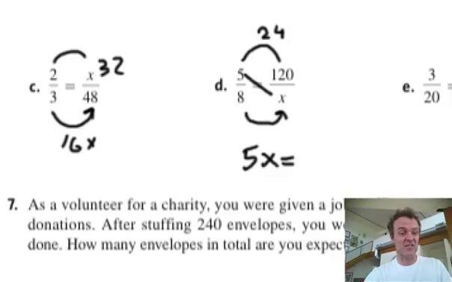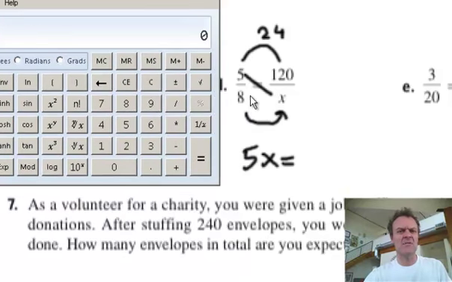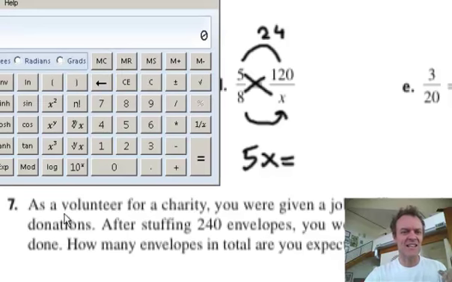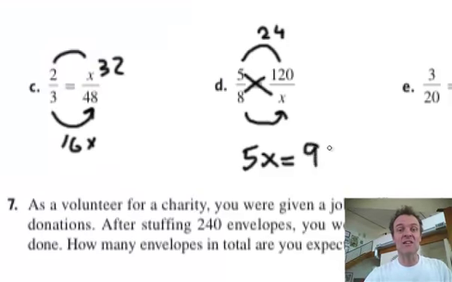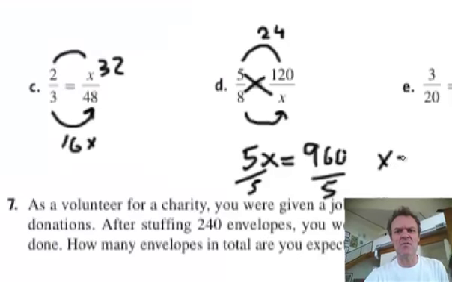Calculator. 8 times 120 equals 960. So then if I divide 960 by 5, it comes out to be 192. X must be 192.